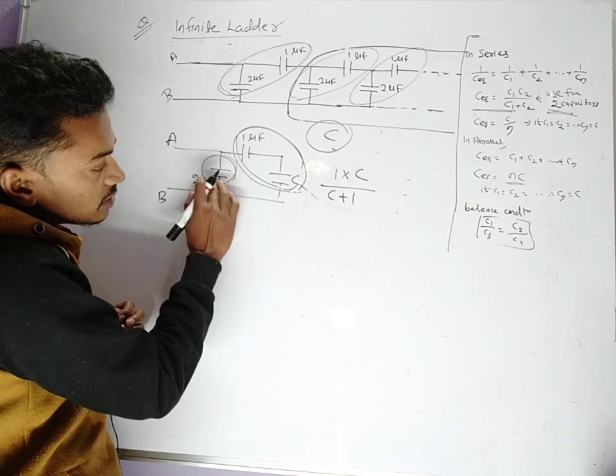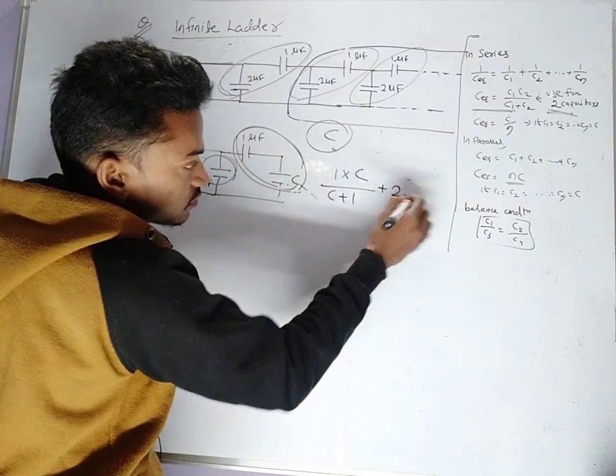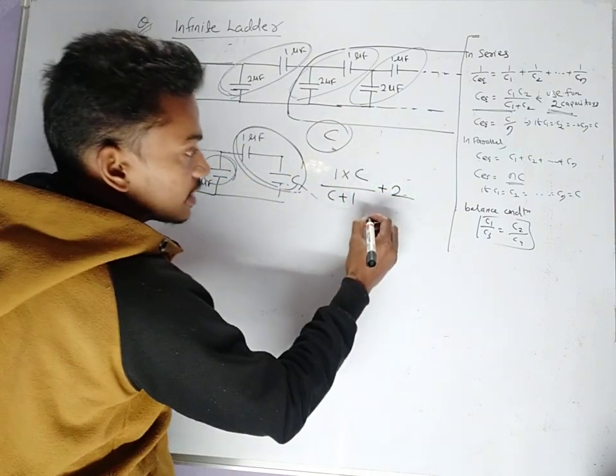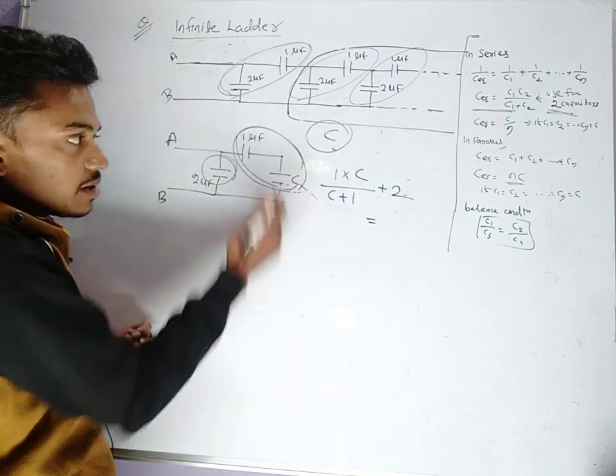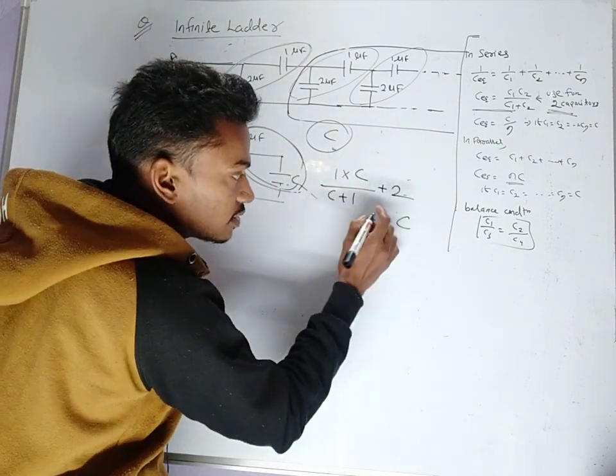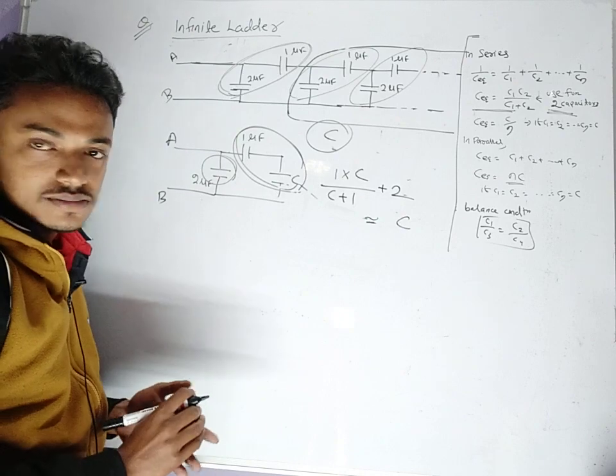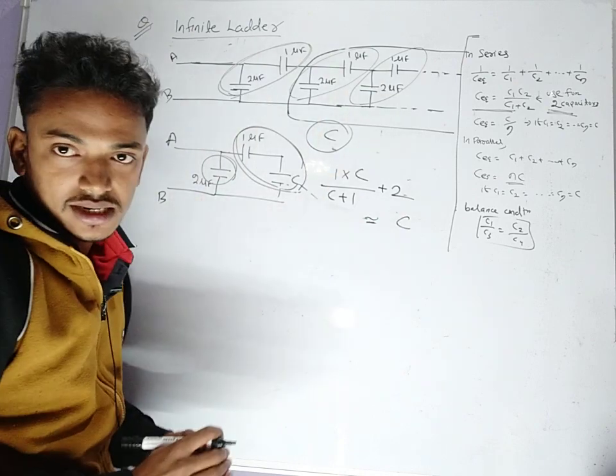In parallel grouping, capacitances are simply added. Again, this equivalent capacitance is nearly equal to C, because it is an infinite ladder.